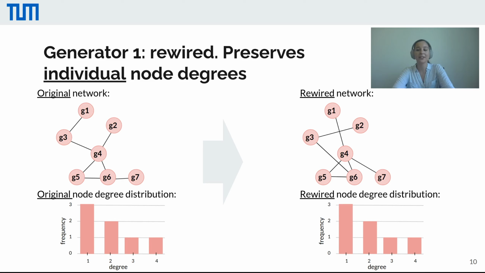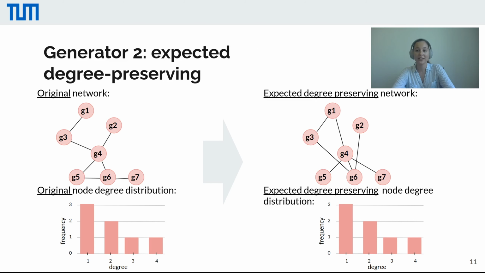The first generator takes as an input the original network and then randomly switches edges such that the exact node degree is preserved. This way we preserve hub nodes and node degree distribution, but the edges are random. The next generator has a similar intuition, but instead of preserving the exact node degree, only the expected node degree was preserved.